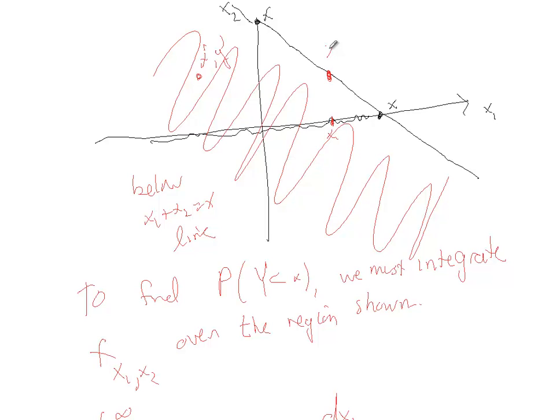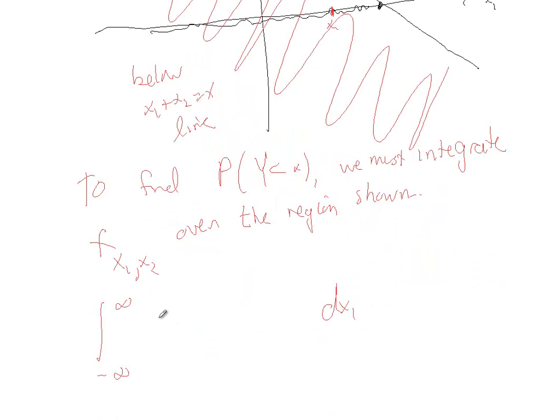So this must be x minus X1. That's this point, and you're going down to minus infinity. So you're integrating from minus infinity to x minus X1. And then here you have f of X1, X2, dx2, dx1.